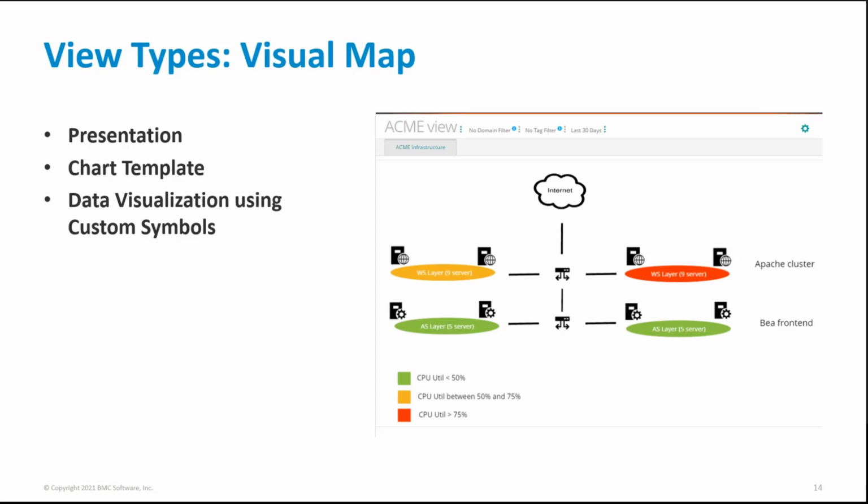Finally, the visual map template. It allows you to create a more custom presentation by providing a set of tools to configure the view. It's a chart template view that uses symbols to provide the status of your systems. You can add standard symbols such as squares, circles, and triangles.